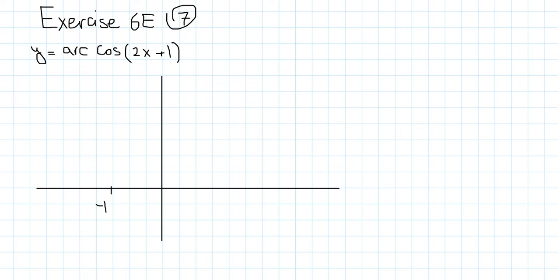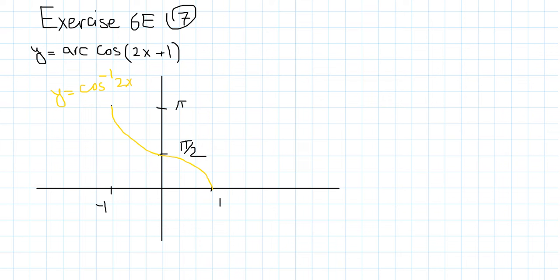Minus 1 and 1, and here is pi, here is pi over 2. Easily I can draw this graph. It is the graph of y equals cosine inverse of 2x. It's like cosine inverse of x.